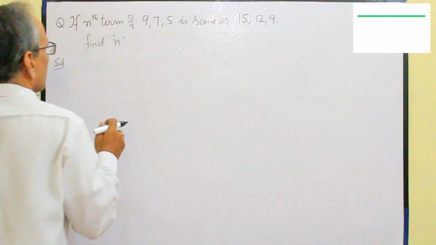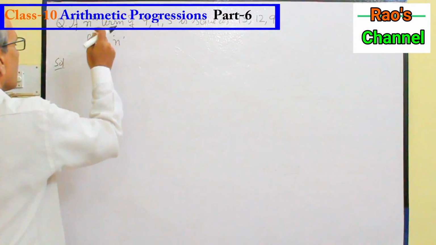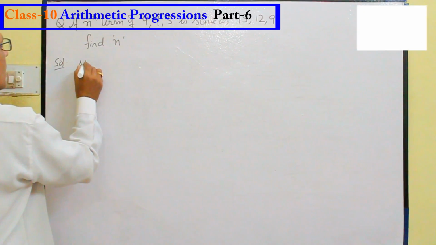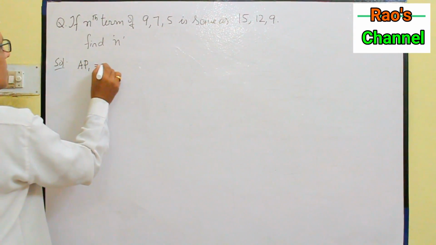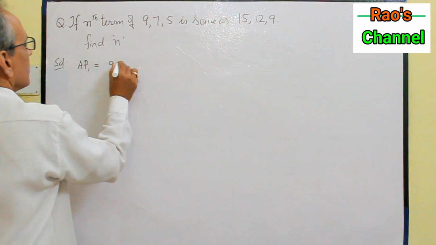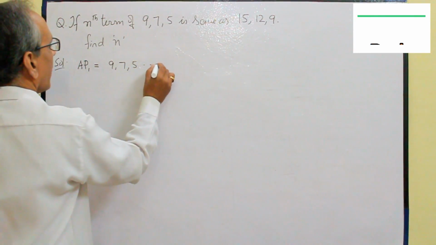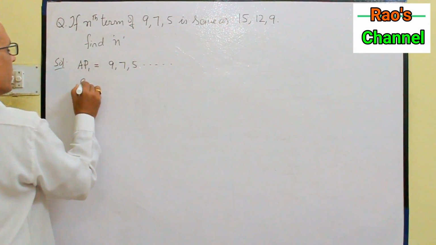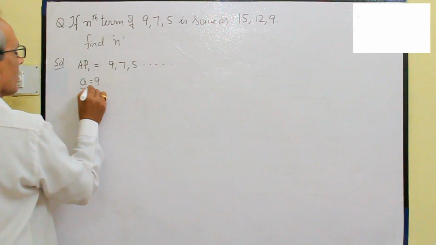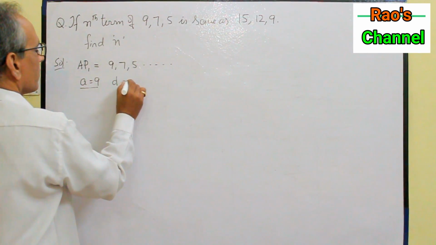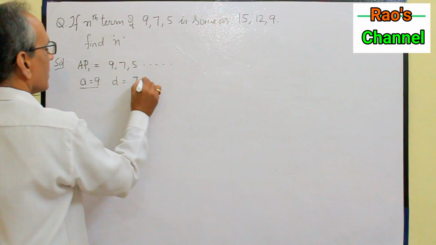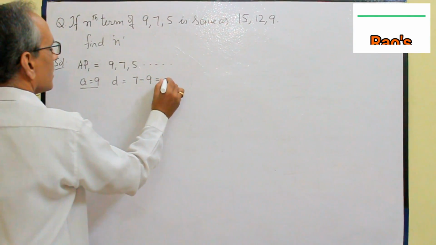First, let me define the nth term of AP1. Arithmetic progression 1 is 9, 7, 5 and so on. From this I can define A is 9 and D is the common difference of two consecutive terms, that is 7 minus 9, that is minus 2.